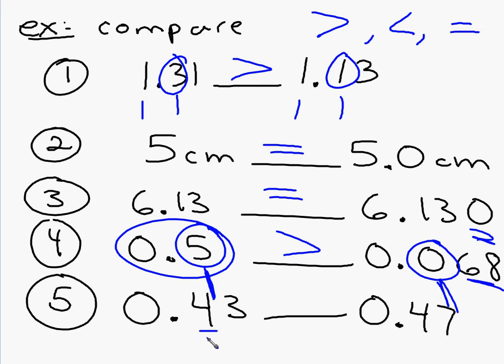Well, it looks like at the tenths position, they're equal. If those two are equal, then you go to the next one. You go to the hundredths. So if we go to the hundredths position and compare the 3 and the 7, we know that 7 is bigger, so this one over here is bigger. The alligator mouth eats the bigger number. Okay? Quick. One more.